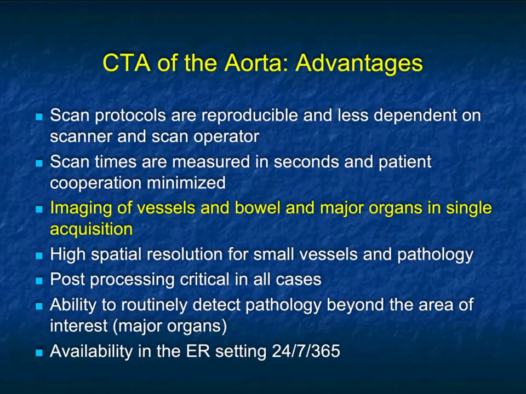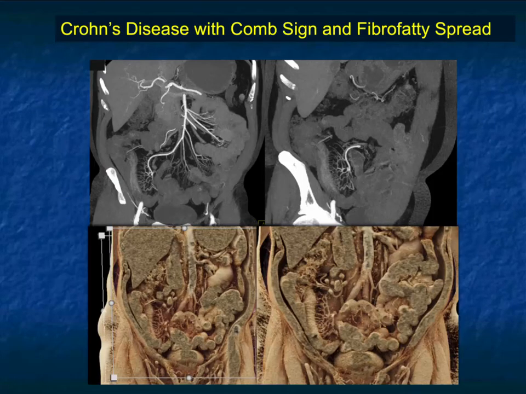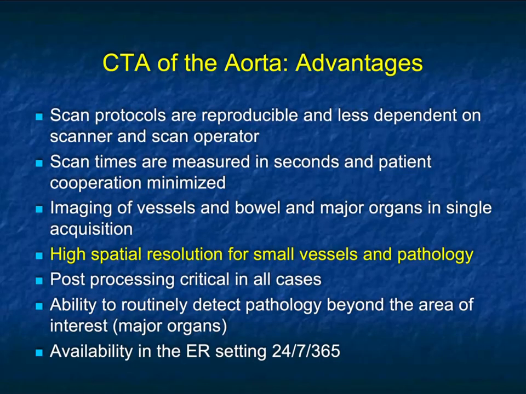Now, one of the things, of course, this idea about looking at bowel, looking at organs, and looking at vessels together becomes very critical. Here's just a simple example, and I'll make a few points with the next few slides. Here we see in the cinematic rendering thickening of the terminal ileum and very prominent vas recta, the so-called comb sign, fibrofatty proliferation due to Crohn's disease, and the prominent vascular mapping seen nicely on the MIP and especially nicely shown on the cinematic rendering.